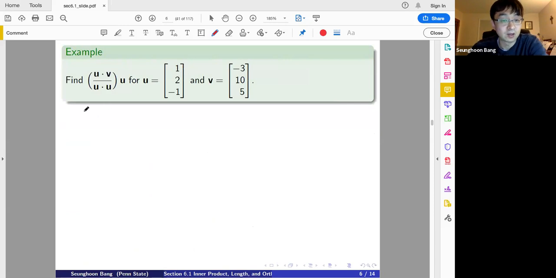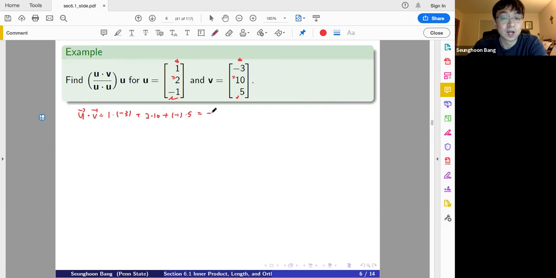Now find u dot v over u dot u. How can you find it? First, calculate vector u dot vector v: 1 times negative 3, plus 2 times 10, plus negative 1 times 5.